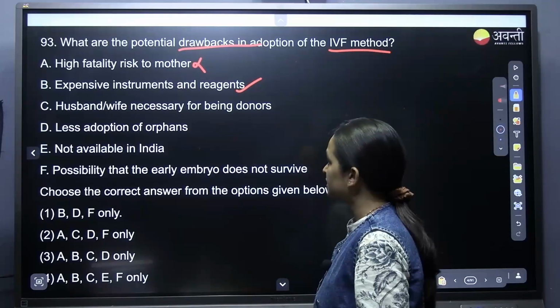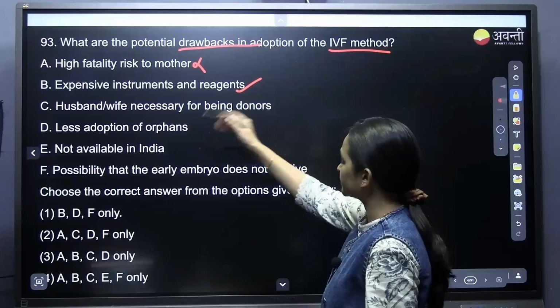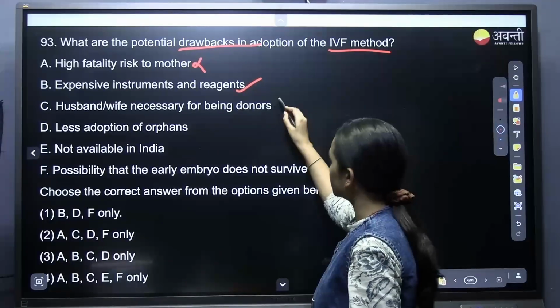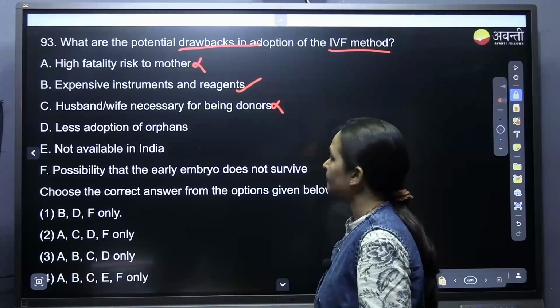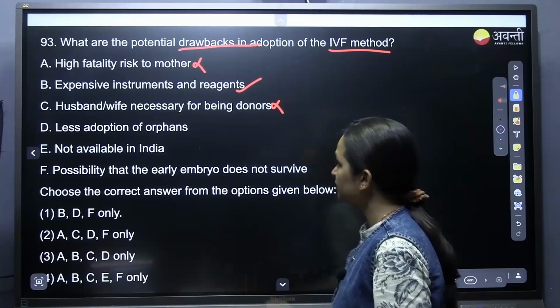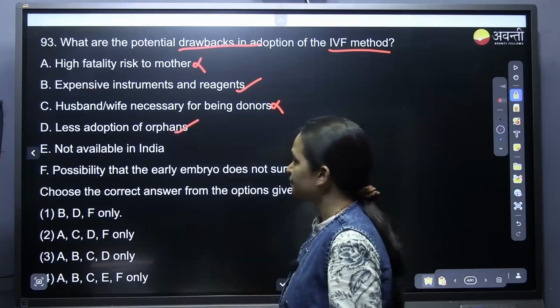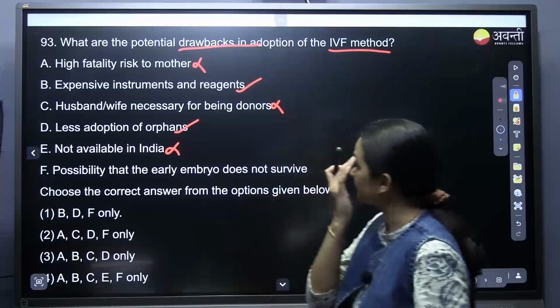Husband or wife necessary for being donors? No, it need not be the husband and wife. We can use donor sperm and egg as well. So C is wrong. Less adoption of orphans? Yes, it can be a drawback. Not available in India? It is available in India.